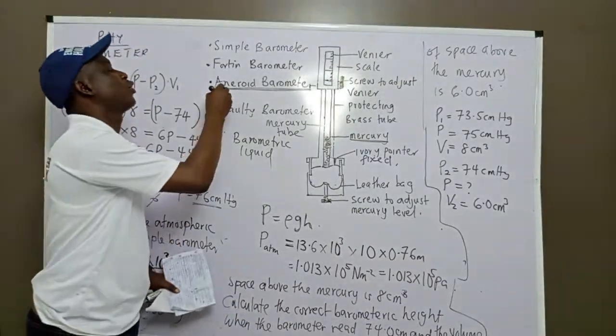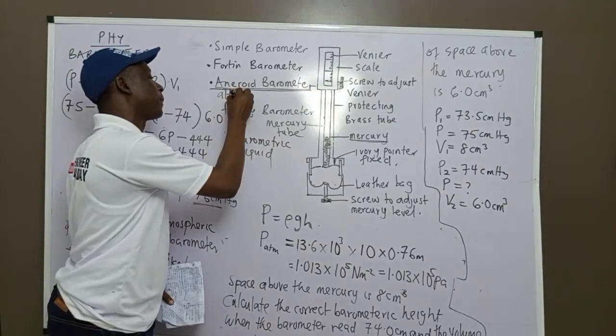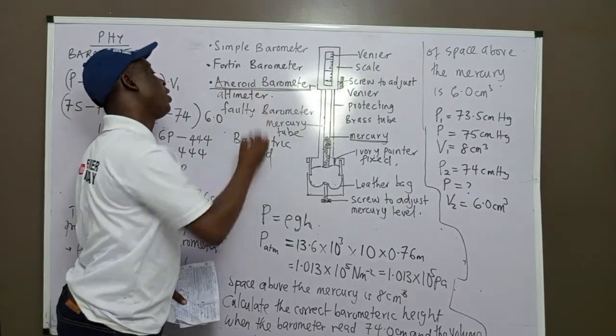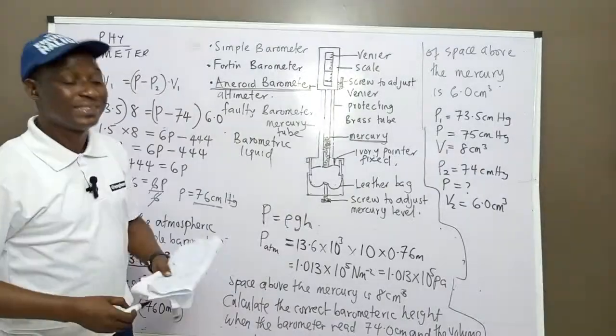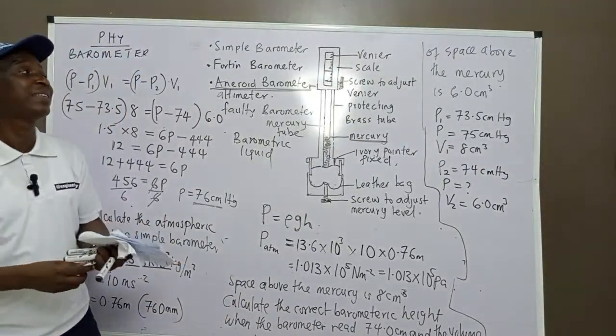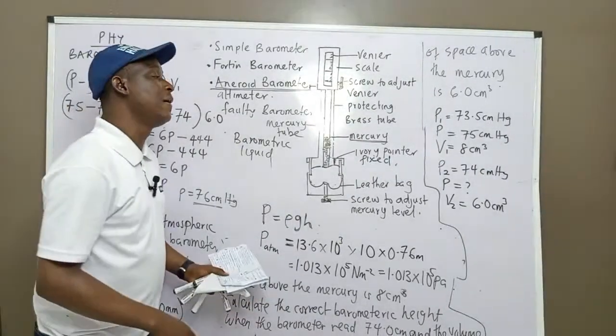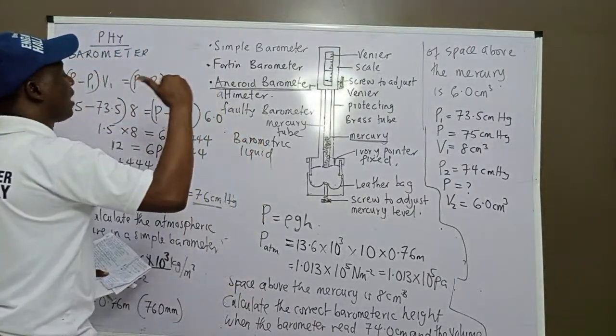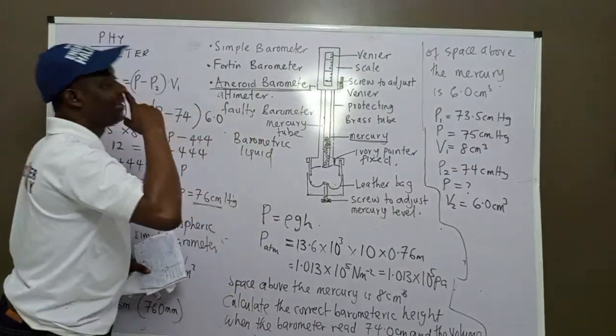Number 2 is what we call the altimeter. So the aneroid barometer is what we call the altimeter, because it measures pressure at a particular height.